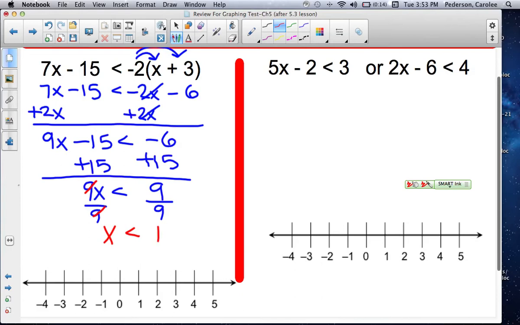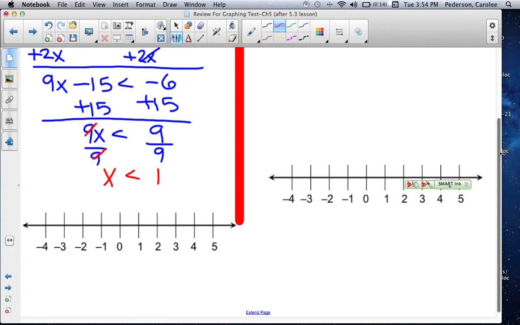Now we can graph that inequality. That inequality has an open circle at 1, and how you say that is x is less than 1. That is to the left. We're going to go over to the right side of this smartboard and solve the other inequality.